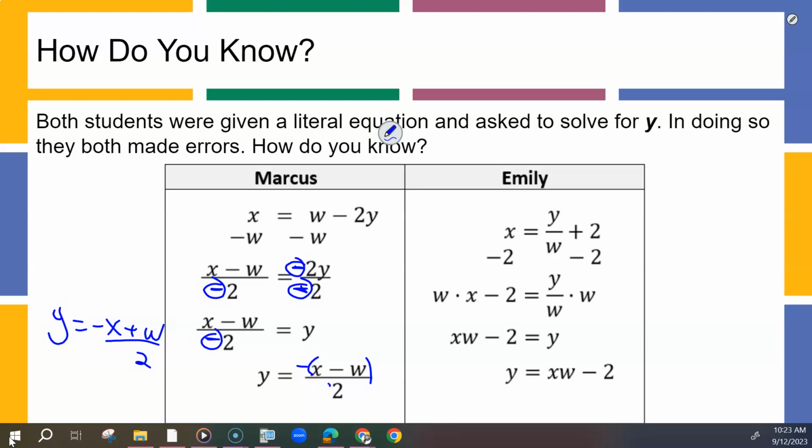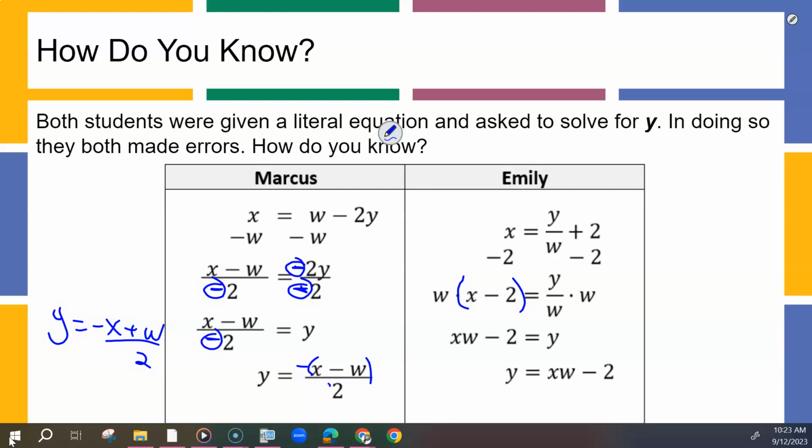Anyone find Emily's mistake? She should have put parentheses there and multiplied to everything.